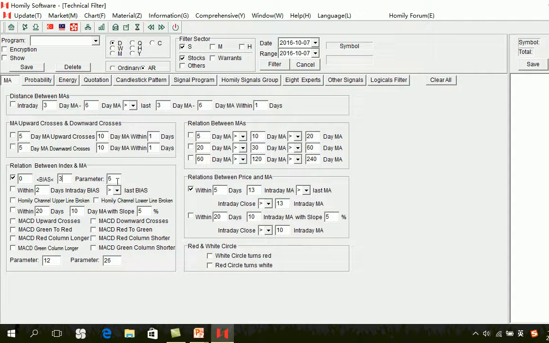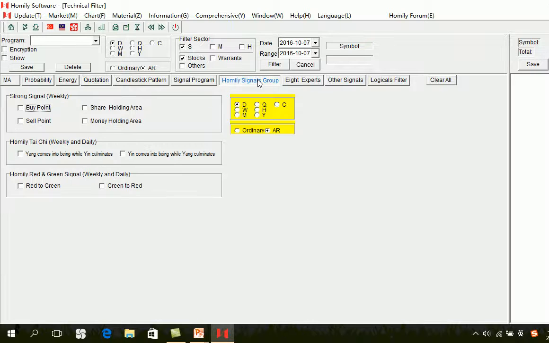Parameter is 13. Okay, you should change the parameter. This is the second condition. Then the third condition, you should find the homely signals group. Then click buy point, strong signal buy point. Then let's filter and see whether we can filter some stocks or not. Okay, so this is the filter method by strong signal.